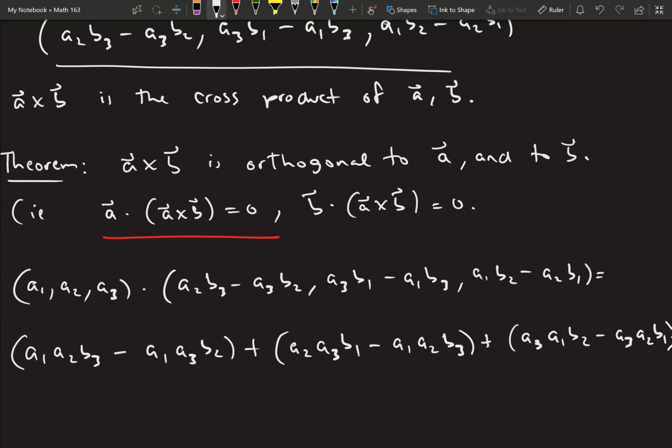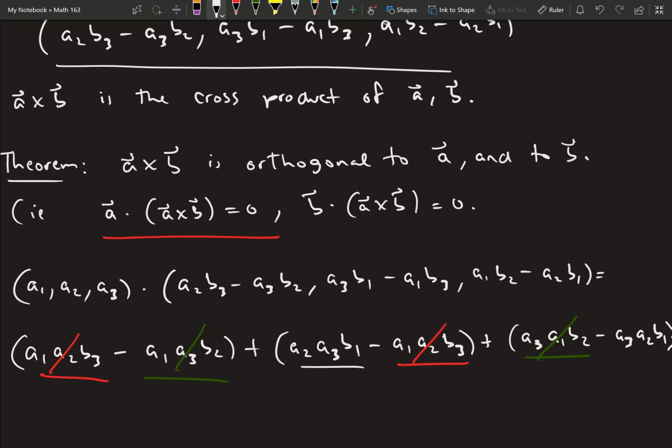And so, for example, let's do this with some colors: A1, A2, B3 minus A1, A2, B3, those go away. Minus A1, A3, B2 plus A1, A3, B2, those go away. And let me just use the original color here.